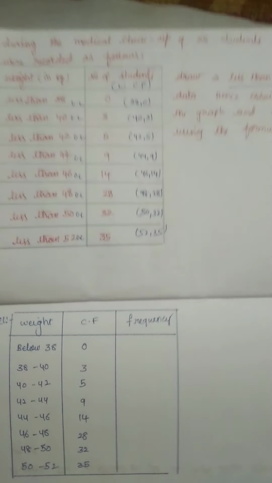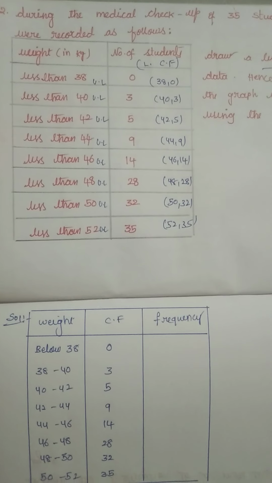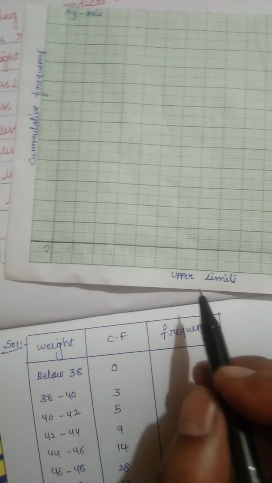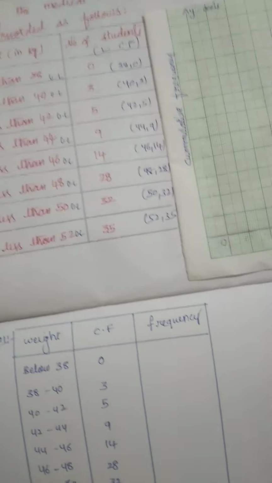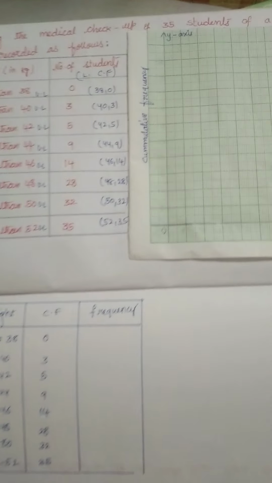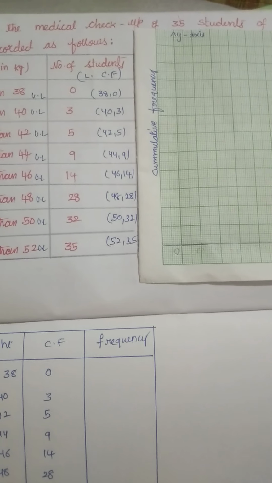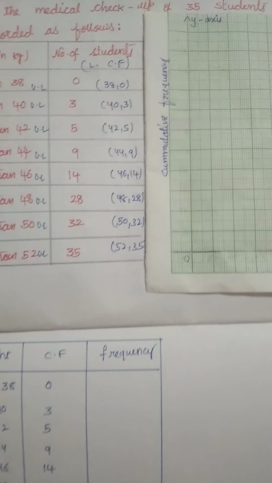So when we are constructing a less than cumulative frequency curve, on the x-axis we need to take upper limits, and on the y-axis we have to take less than cumulative frequency, right? As our points are 38, 0, 40, 3 and so on, the upper limits go up to 52.